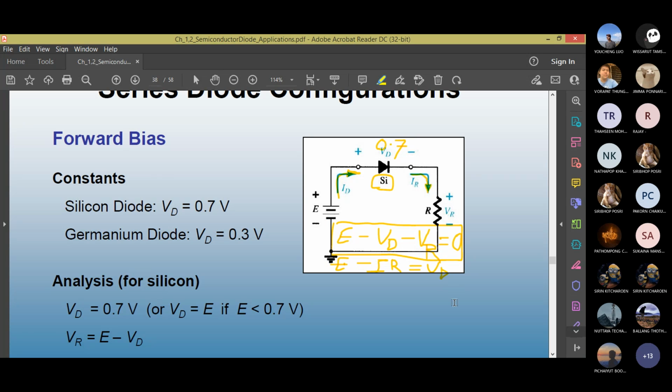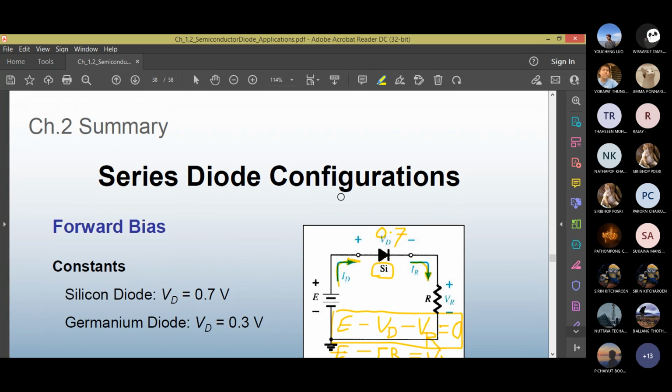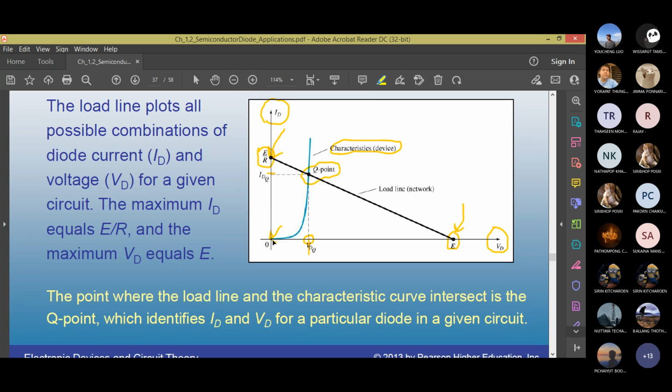Tell me now, when the current is 0, what is VD? VD equals E. When the current is 0, why will the current be 0? Because it's an open circuit. So if you have an open circuit and put a probe on this point, you will just sense this E. VD will be E. Come back here. When the current is 0, you see VD equals E.